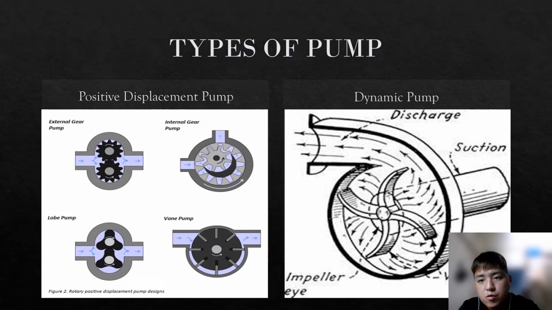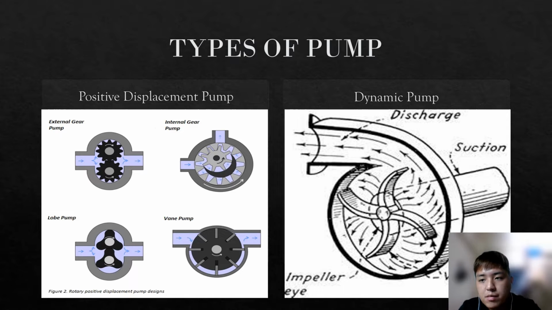Basically, pumps can be grouped into two categories, which are positive displacement pumps and dynamic pumps. A positive displacement pump makes a fluid move by trapping a fixed amount of the fluid and forcing or displacing the trapped volume into a discharge pipe or discharge system.